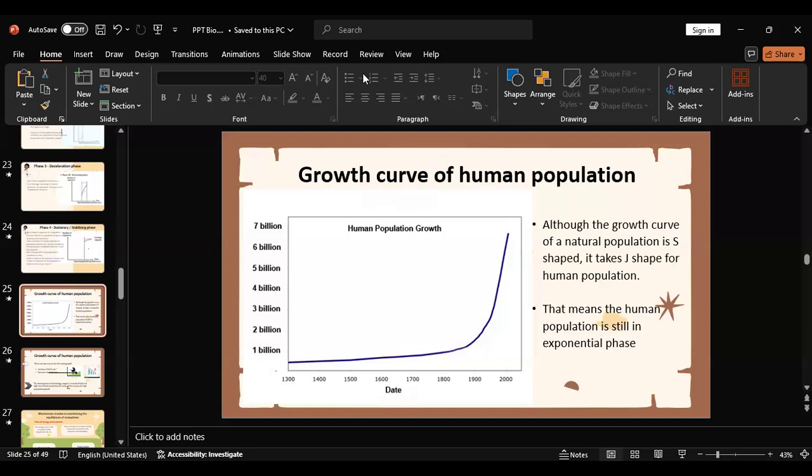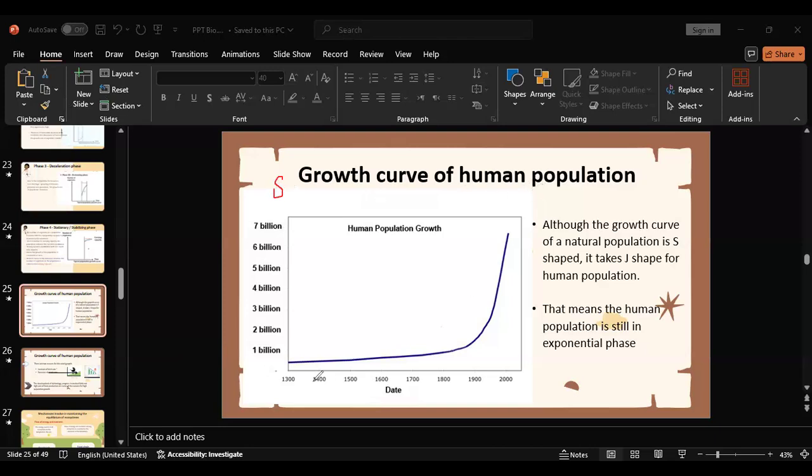Okay, so the typical growth curve is like a sigmoid shape. Normally a growth curve has an S shape, that is the sigmoid shape. But this is the human population.